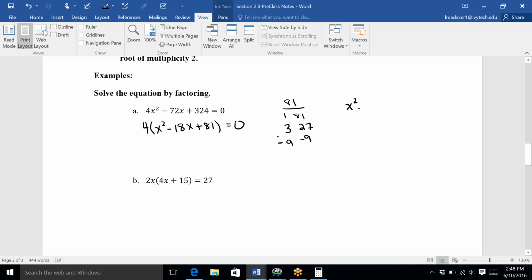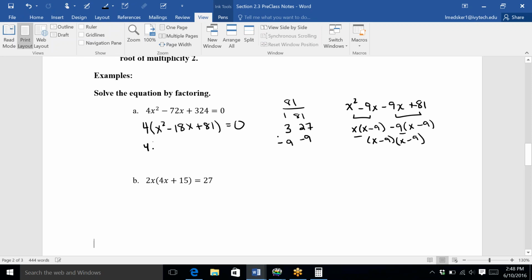So I'm going to do my scratch work over here. That negative 18x in the middle will become 2 negative 9x's. Factor by grouping. This is x times x minus 9. Pull out a negative 9 in the second pair, and that would leave me with x minus 9. So we get x minus 9 twice, once for the match and once for the leftovers out front.